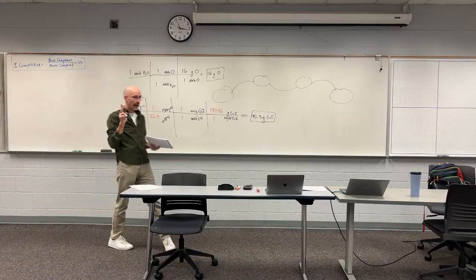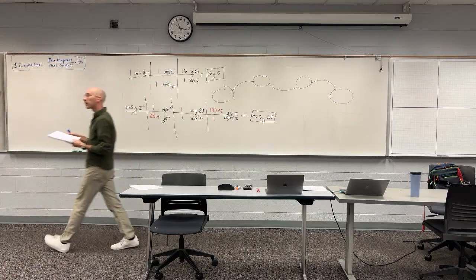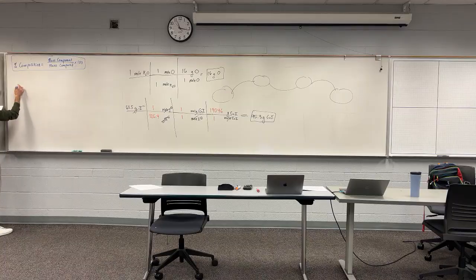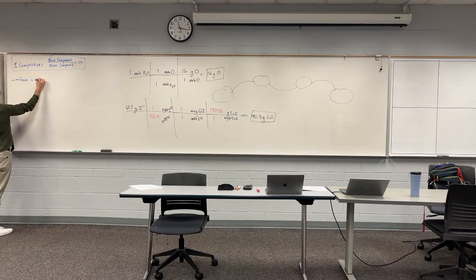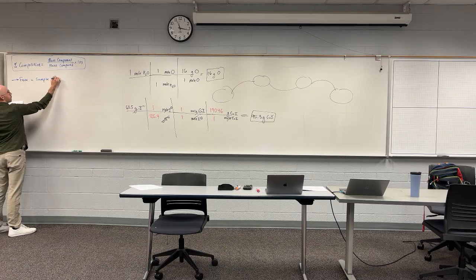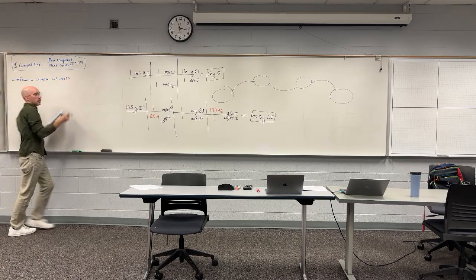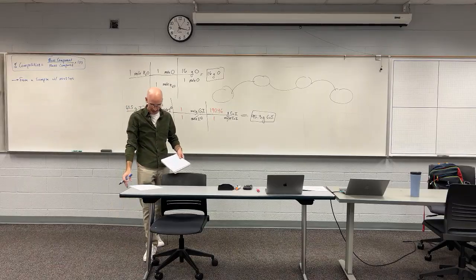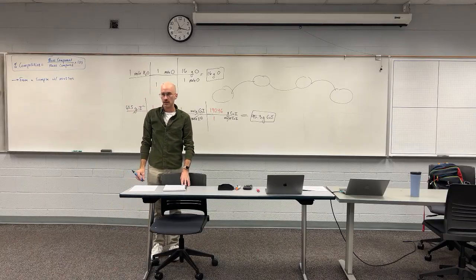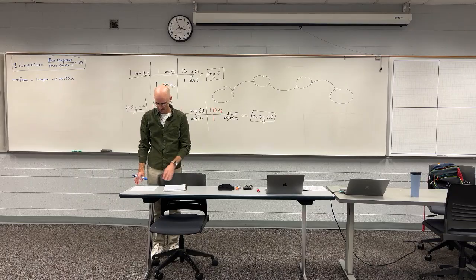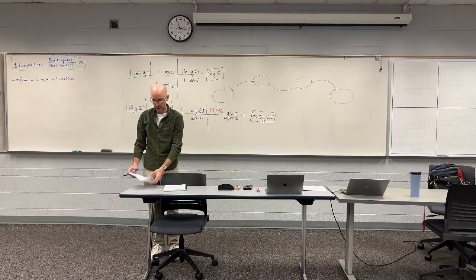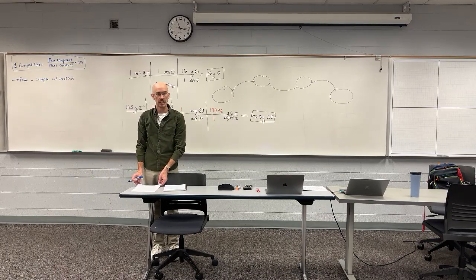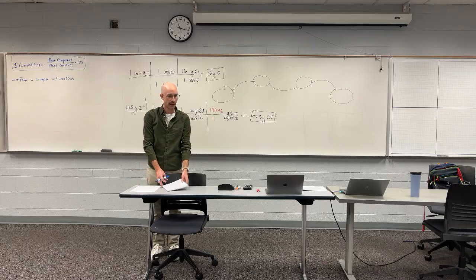There are 2 ways to calculate percent composition. If you are given the masses of a sample, then you can just figure out how much each of those components make up in that mass.